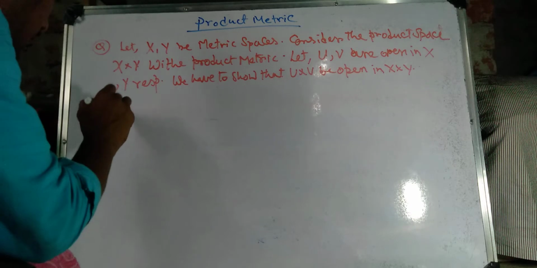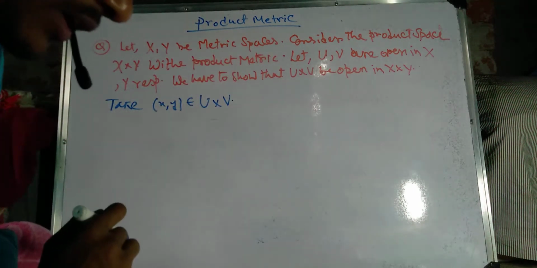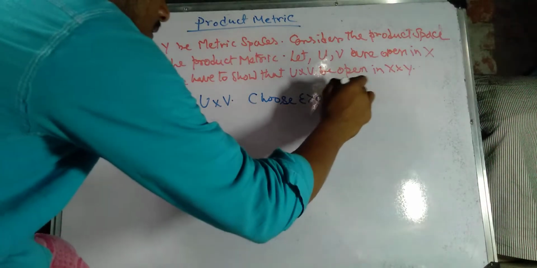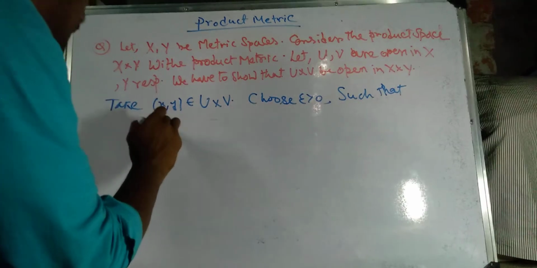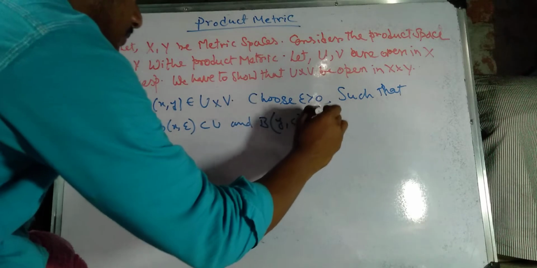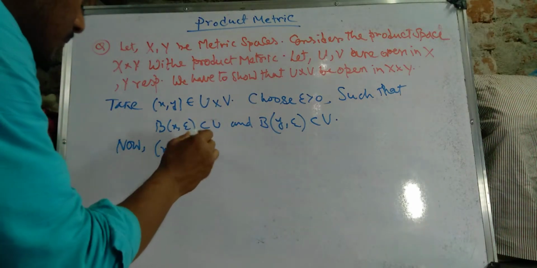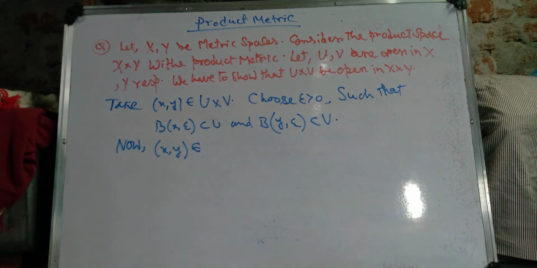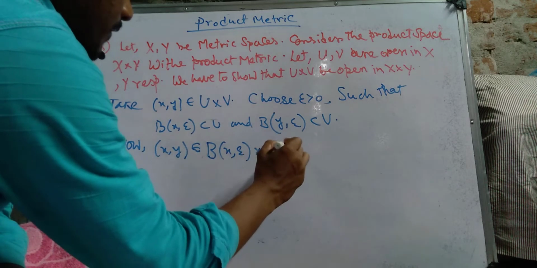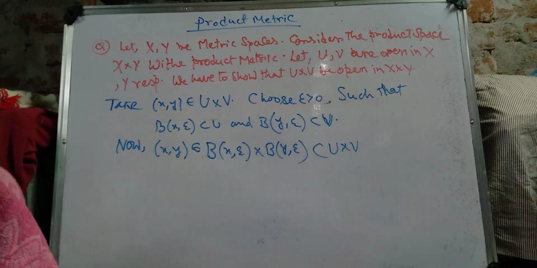Okay, how we do it? This one is very simple. We take (x, y) belongs to this U Cartesian product V. Then choose epsilon greater than 0 such that B(x, epsilon) subset of U and B(y, epsilon) subset of V. Now (x, y) belongs to B(x, epsilon) cross B(y, epsilon) subset of U Cartesian product V. Then we are done.